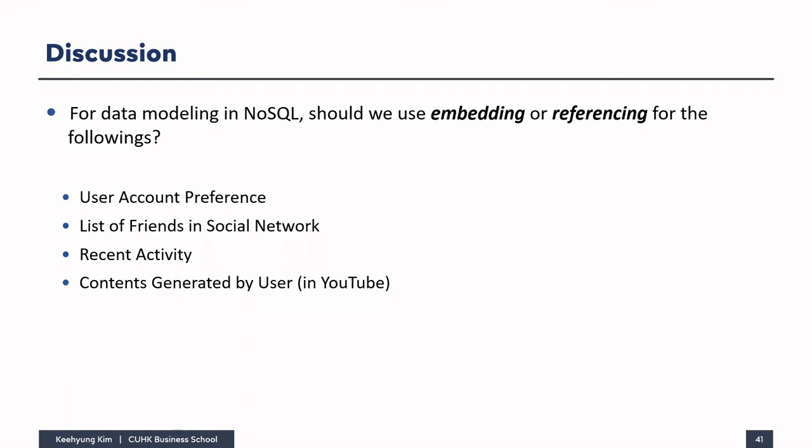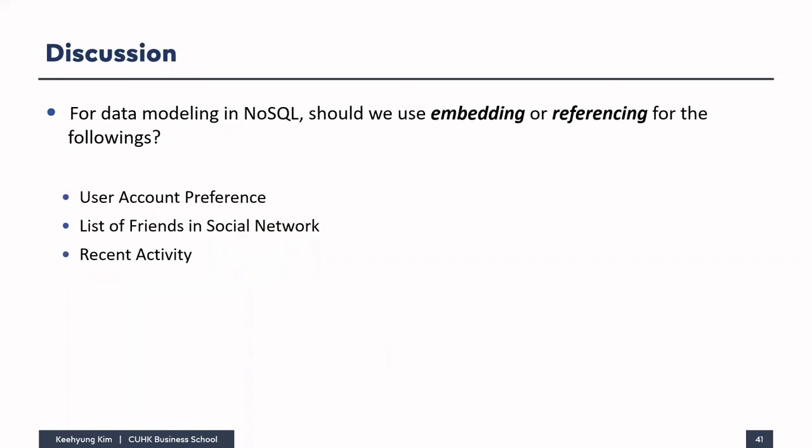In this case, the content itself is large, right? If you do embedding entirely, it will slow down the process. So it's better to use referencing in this case because the size of the content will be bigger. Maybe something like a thumbnail might be included as embedding, but the content should be separated.